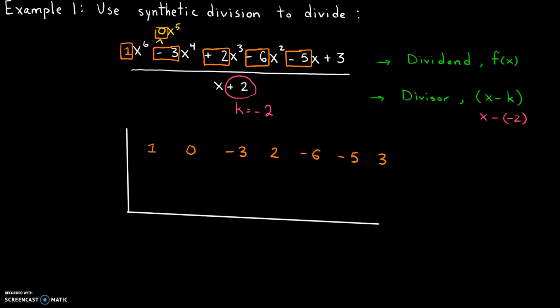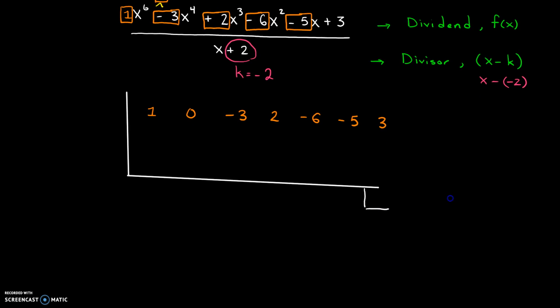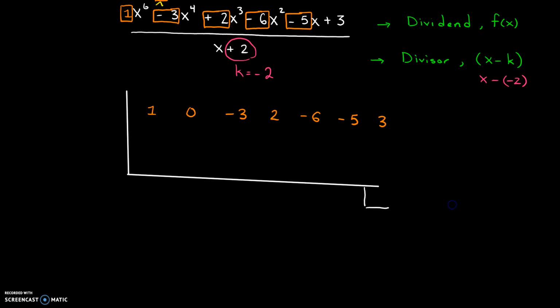I advise you to put a box off on this last number, a little section off there. That's going to come in handy later to help us organize our numbers. Then we take our k value, negative 2, and place it outside of this L-shaped box.